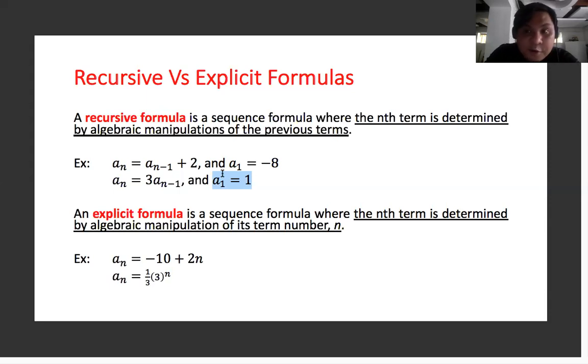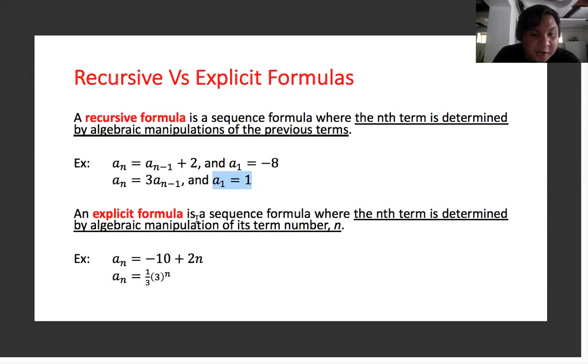Sometimes recursive formulas define their nth terms by making use of two previous terms, but usually it's only one. Particularly in this context, we're only going to define the next term by its previous term.